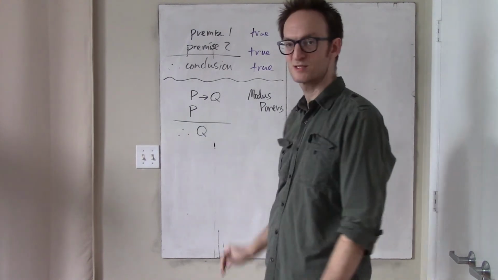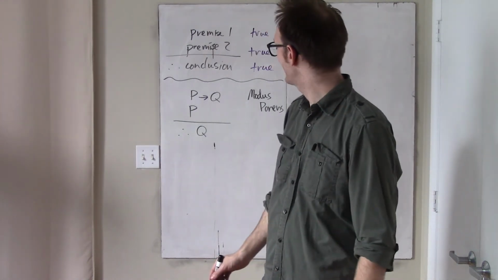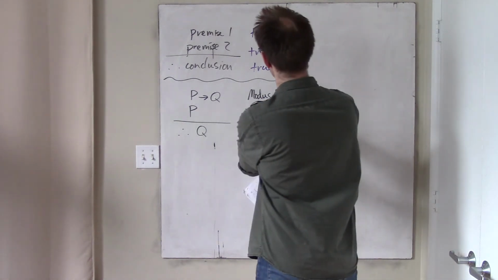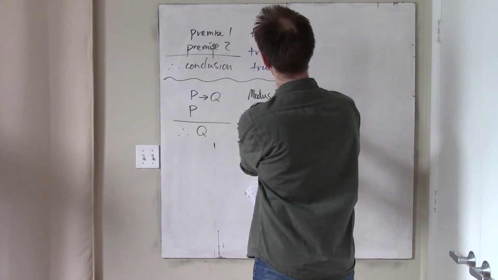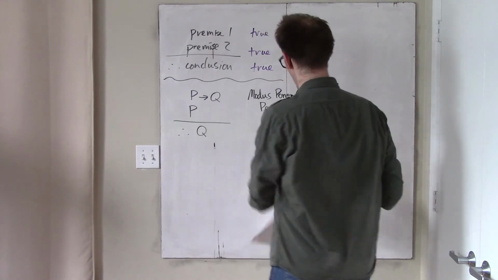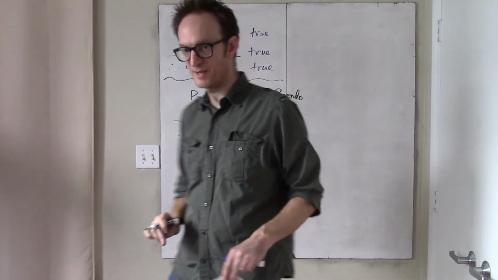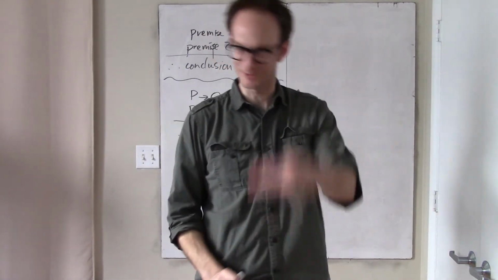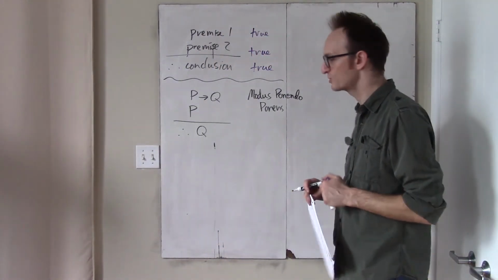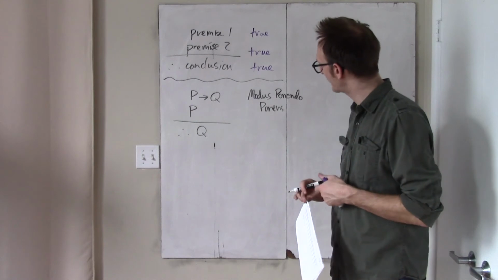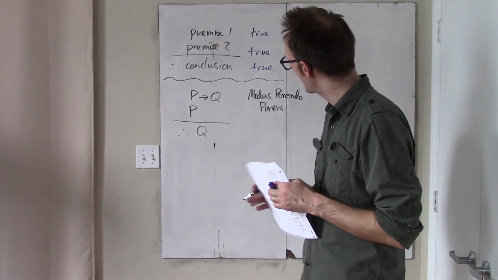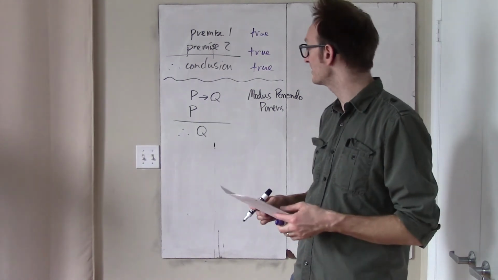I don't speak Latin, but I think this is actually short for something even more ridiculous, like modus ponendo ponens. You can look it up, but it's some kind of gerund. I forget. If we were doing this live, someone would just look it up and tell me, but it's not important. The names are not important at all.